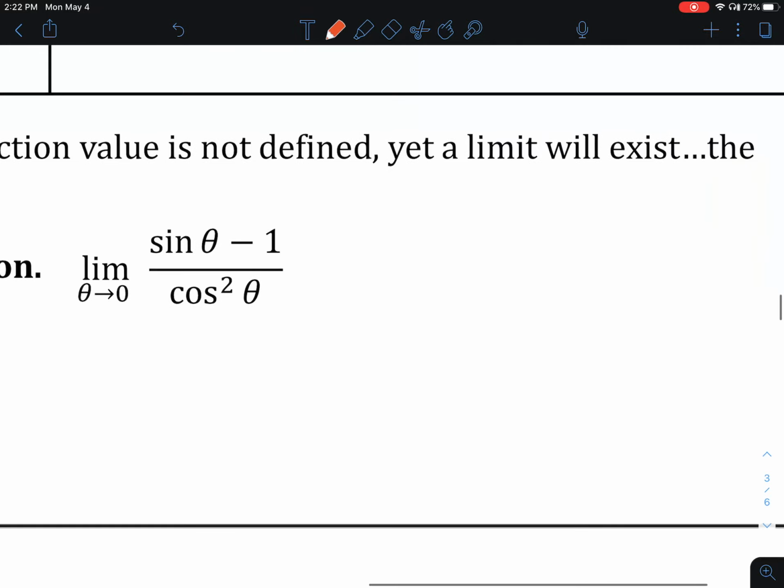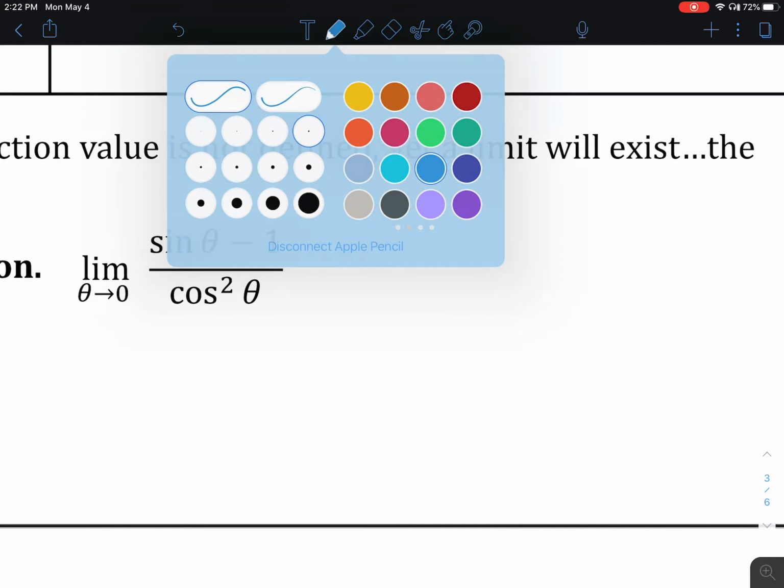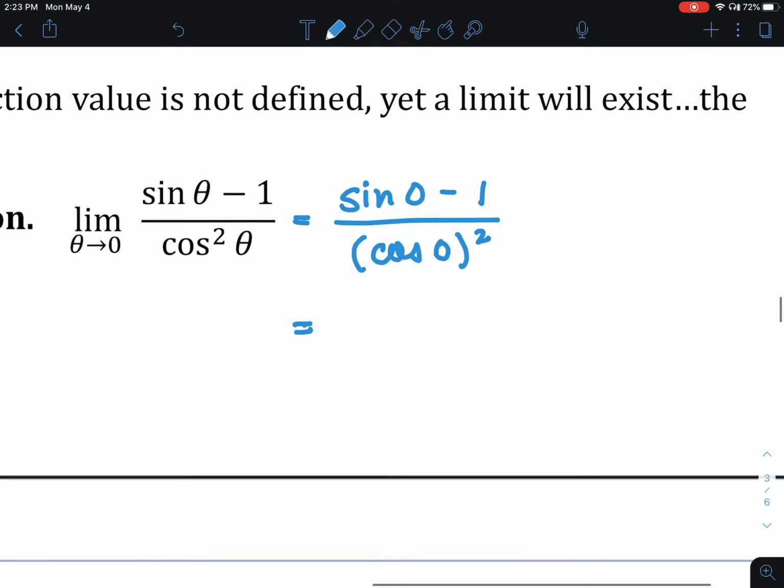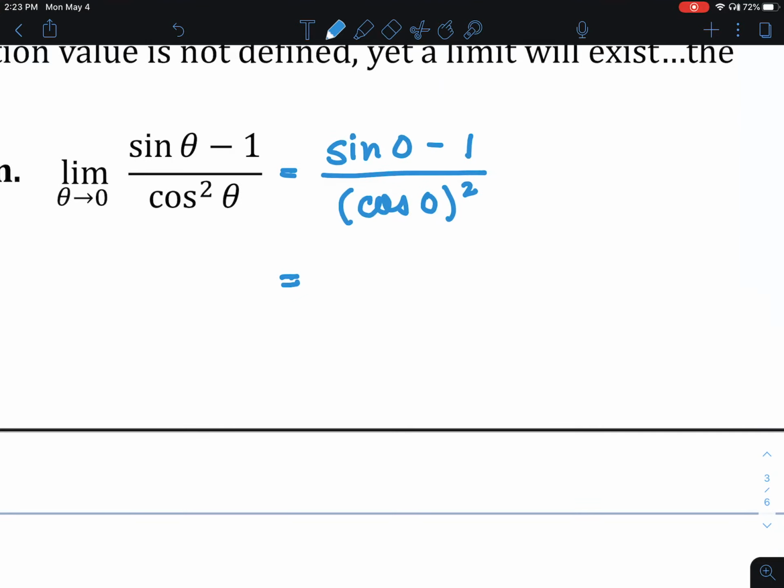All right, the next example I think turns out pretty well. We started with discussing what would happen if it doesn't go well on the other video. But right now, I think we're in good shape because cosine of 0 is going to be 1, so this one's going to work out pretty nicely. Sine of 0 is 0, so we've got 0 minus 1 over 1, and so our answer here is negative 1.